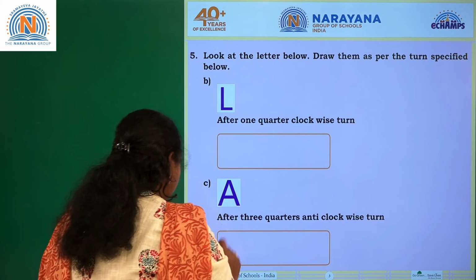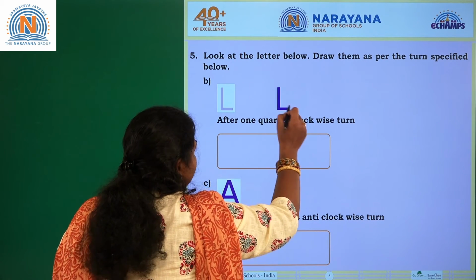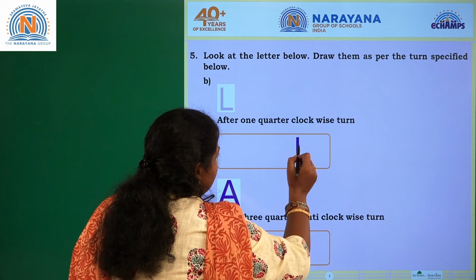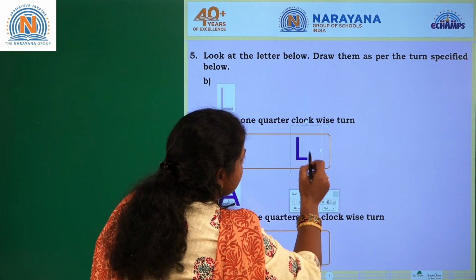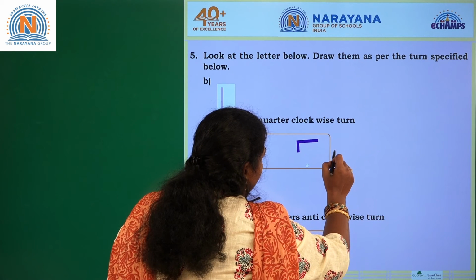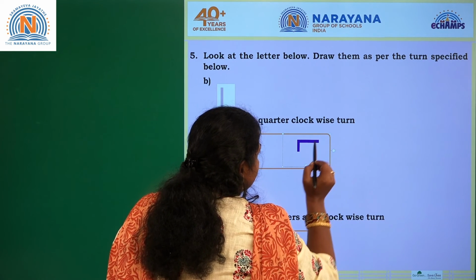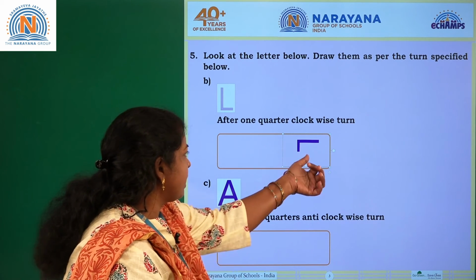Here we need to consider that L. Let us take this L and turn it clockwise. Clockwise means you have to draw like this. Only 1 quarter you have to consider. Then this picture will look like this.